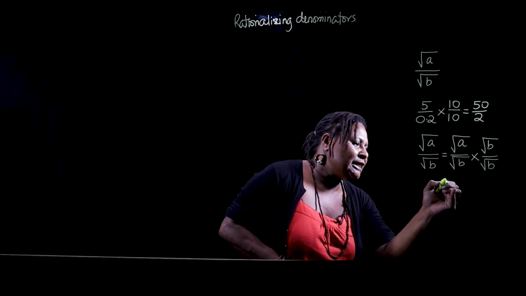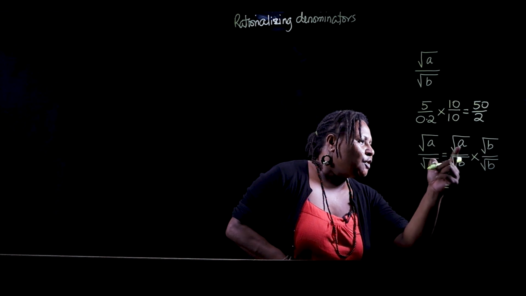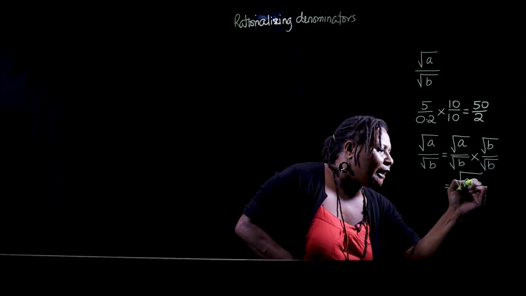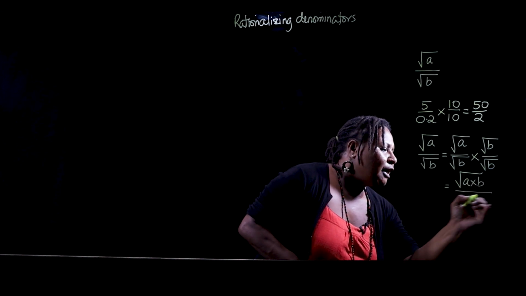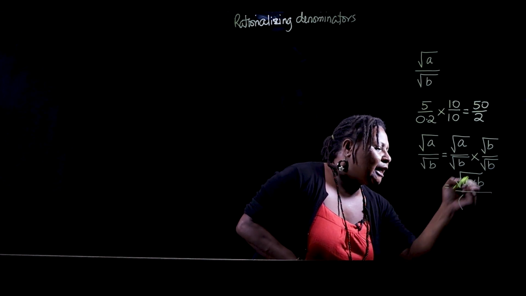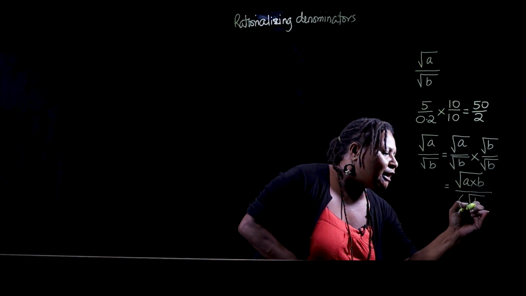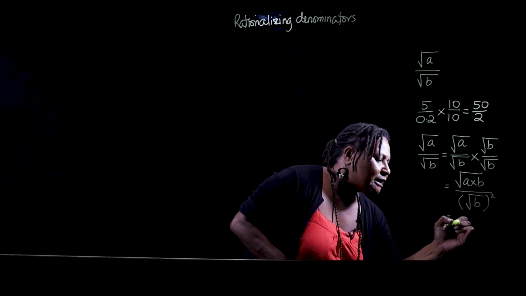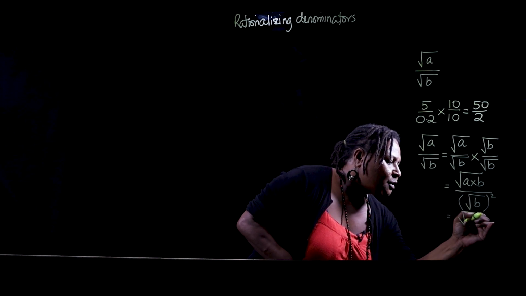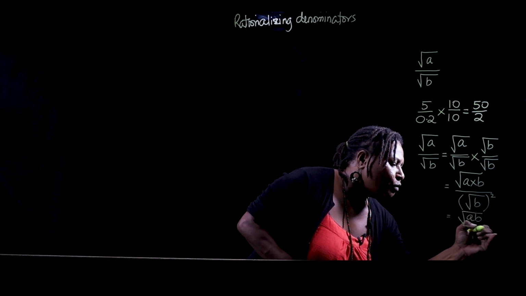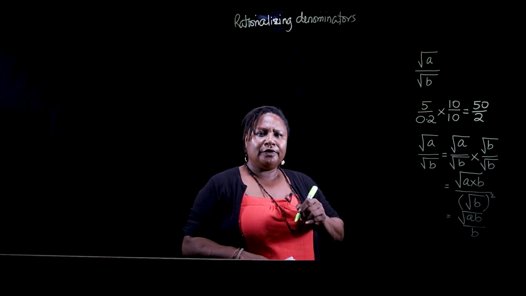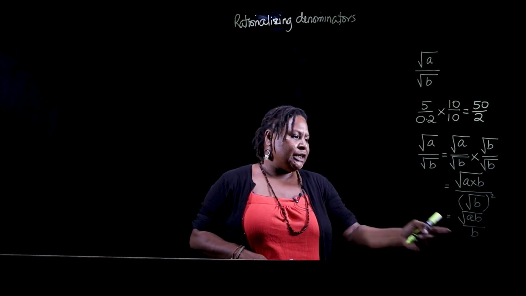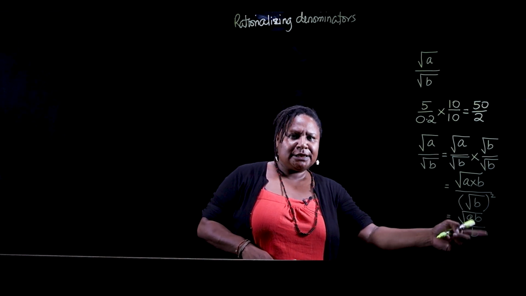So this becomes root AB over root B times root B, which is being squared. Our answer is square root of AB over B. So we have made the irrational root B become rational as B.